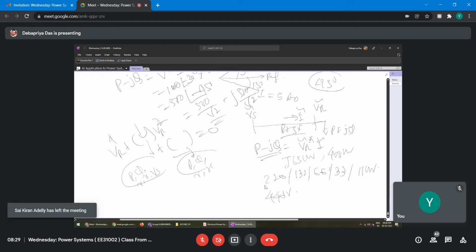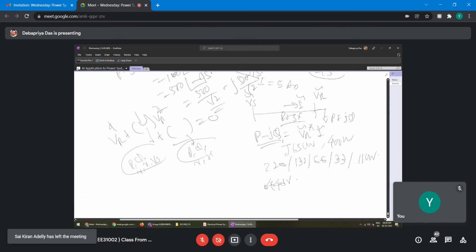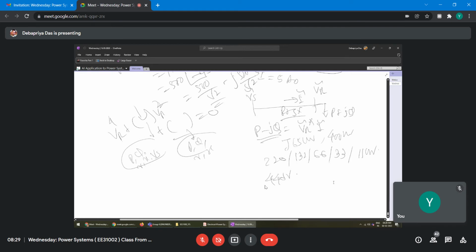This is what I am telling everything, right? One equation will come, and you will get another equation. If I give you a hint, you can do it. This is one equation: I tilde, this is a phasor quantity, is equal to P minus jQ divided by VR tilde conjugate, right?